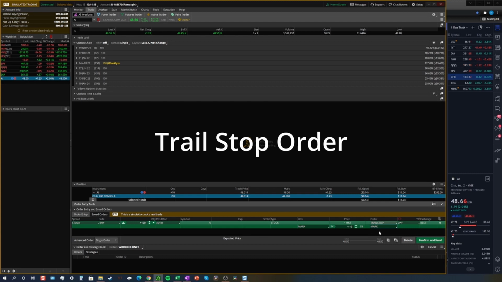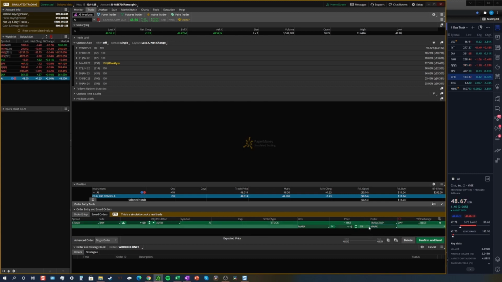Trailing stop loss. So like the previous two orders we just looked at, we have a trigger, okay? And then it activates a market order. Okay, so the market order, we will not get the price that we want, but the trigger we can control.